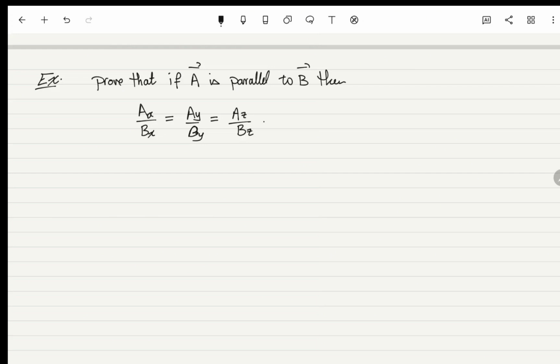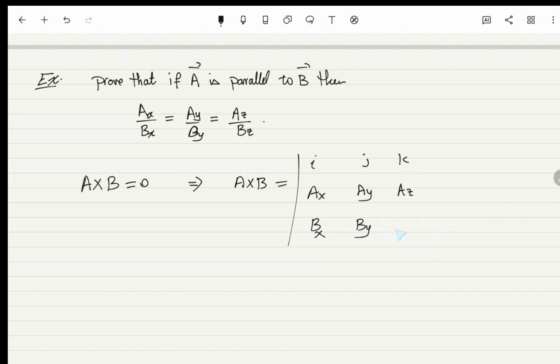Since A is parallel to B, this means A cross B equals 0, and let's find A cross B in determinant equal to I J K, AX AY AZ, BX BY BZ. Now let's follow the same procedure as in the previous example.